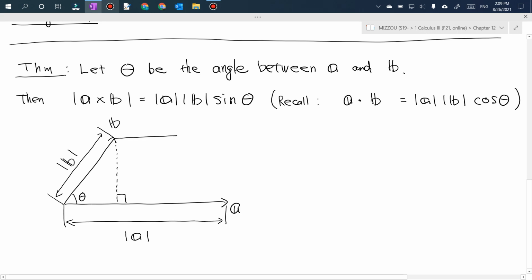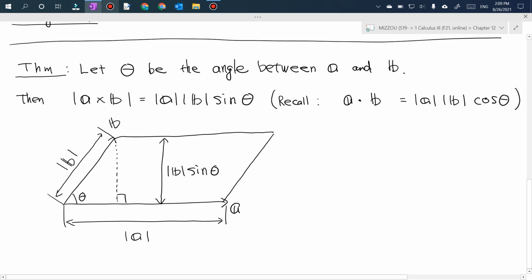Namely, if you draw the parallelogram like this, then the height of this parallelogram is the magnitude of B sine theta.